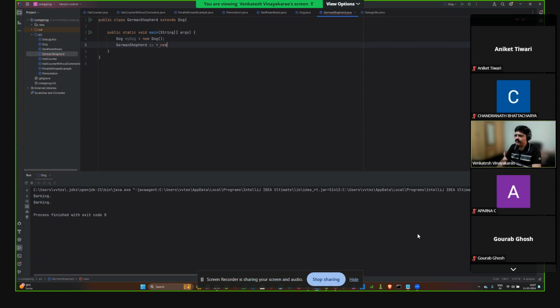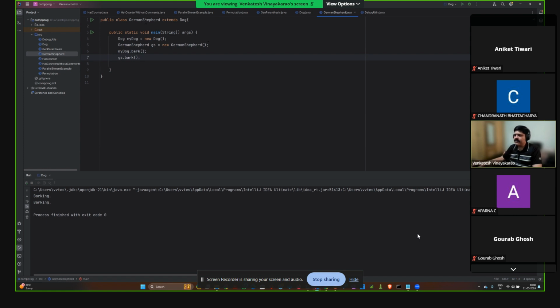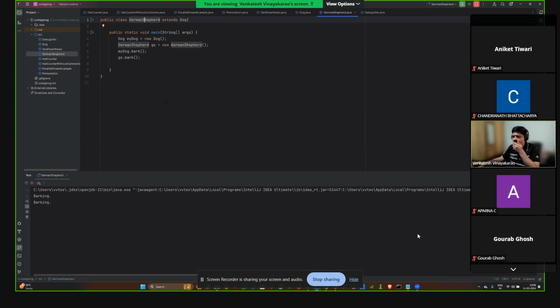Let's call it GS for short. So new German Shepherd, right? So I have a normal dog and I have a German Shepherd dog. So I can say my dog dot bark and I can say German Shepherd dot bark, right? So now if I run this, once again I get two barking, right?